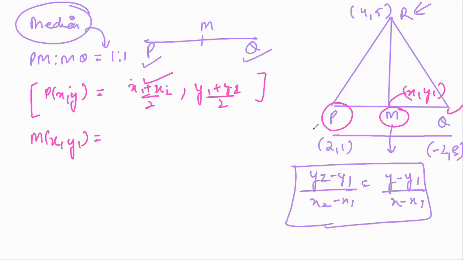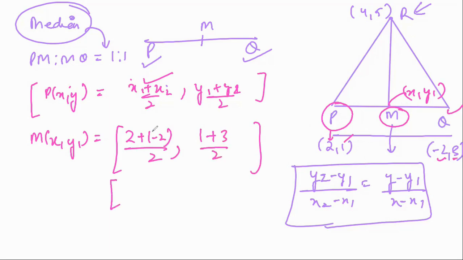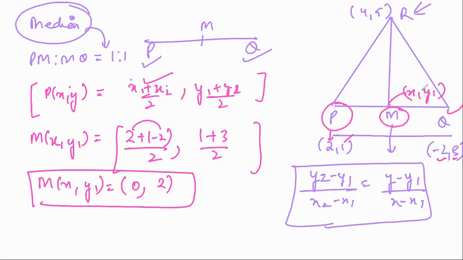So x1 I get from P, which is 2, and x2 I get from Q, which is minus 2, over 2. y1 I get from P as 1, plus y2, which is 3, over 2. So when you sort this out, 2 minus 2 is 0 and 0 over 2 is 0. And 1 plus 3 is 4 and 4 over 2 is 2. So the coordinates of M are (0, 2).